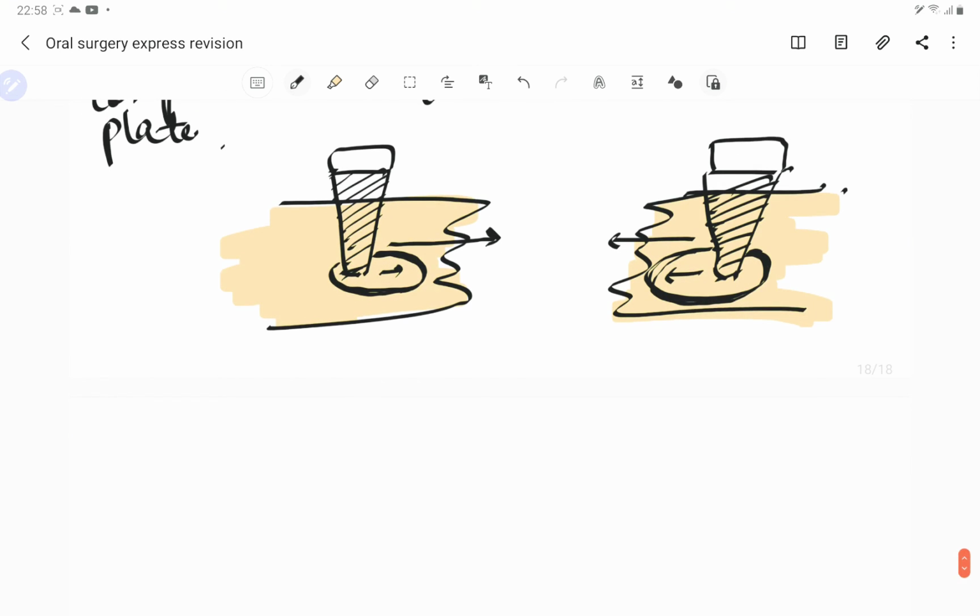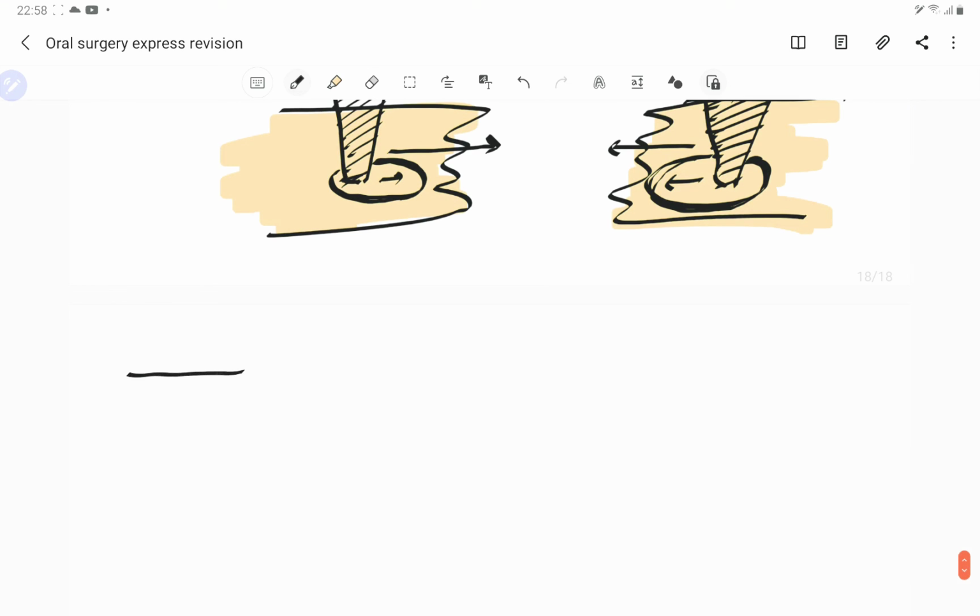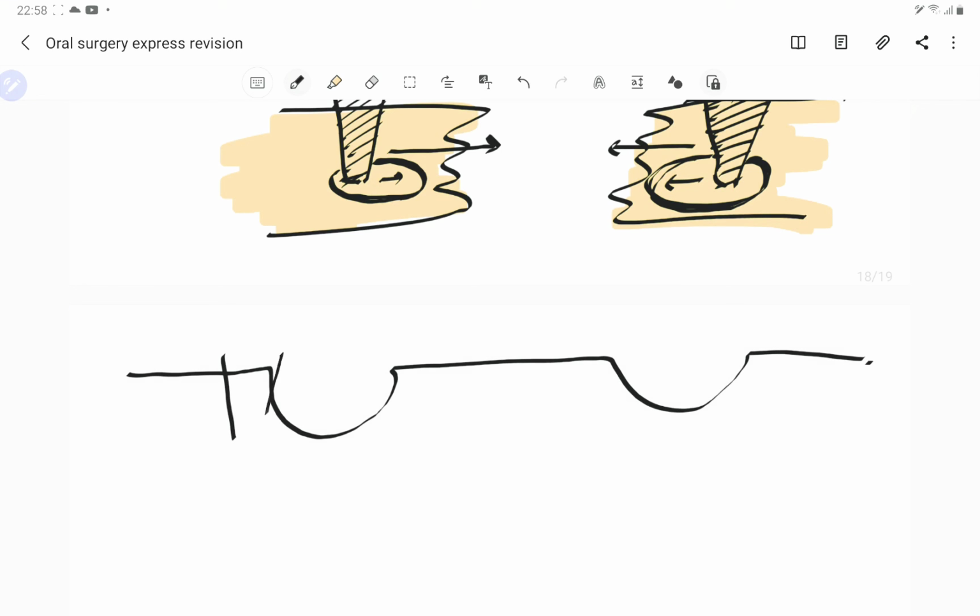So these two fracture segments are pulled towards each other with the help of these screws in the case of compression plates. How this movement occurs is, this is a plate, say, and here we are going to place the screws like this.